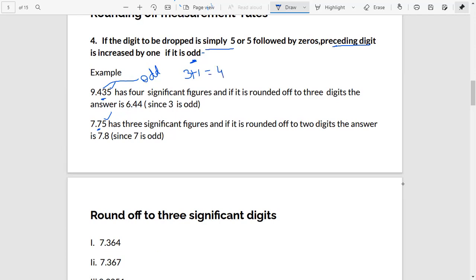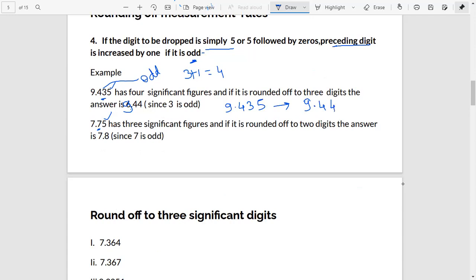Sorry, there is some typing mistake here. So it is 9.44. The answer for 9.435, rounding off to 3 digits, is 9.44.